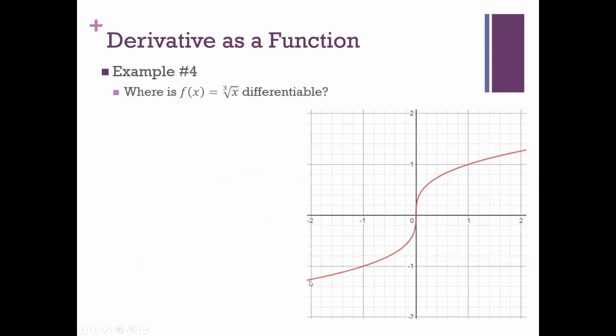How about this guy? Let's look at the graph. This is the cube root of x. Where is this thing differentiable? Let's start small. Give me an x value where it is differentiable. 1.